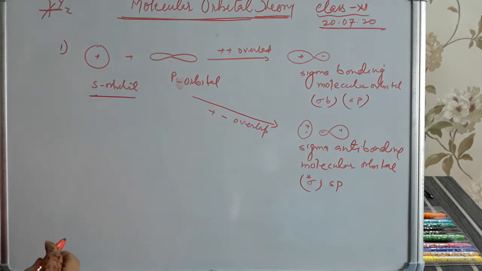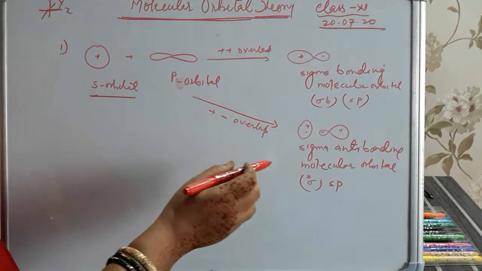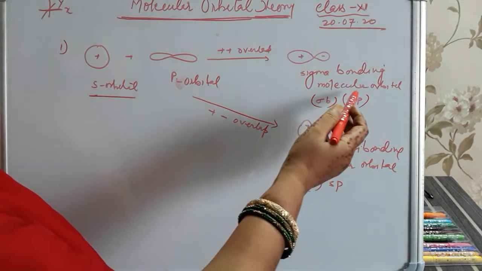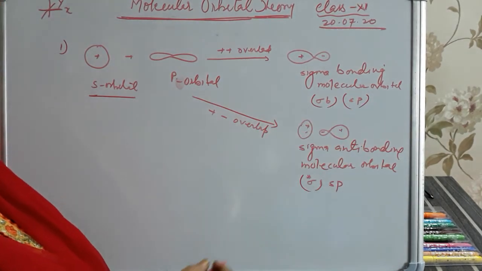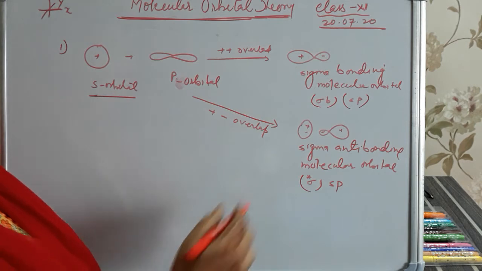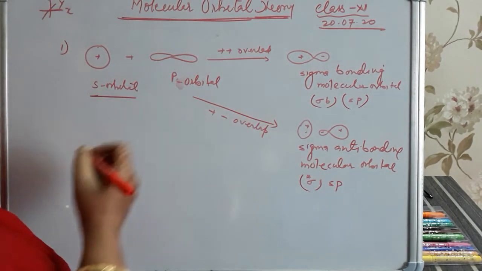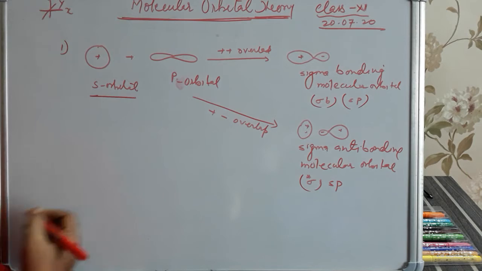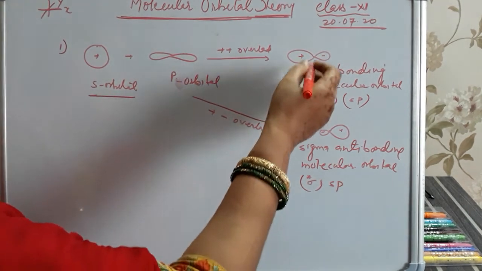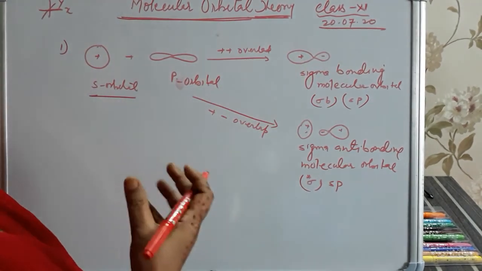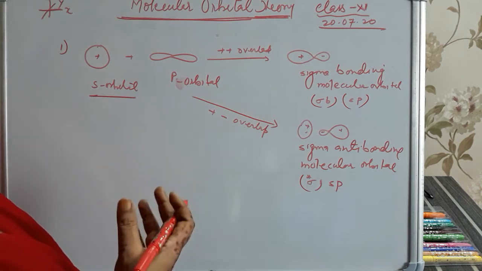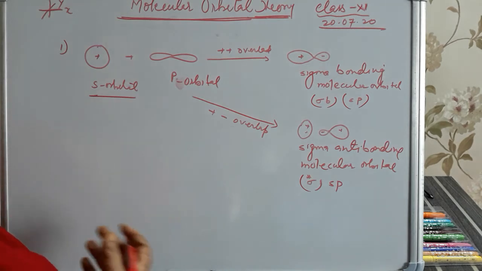In the previous video we already discussed the energy related to bonding and anti-bonding. As we discussed earlier, the bonding molecular orbital has less energy than the anti-bonding molecular orbital, because whenever the bonding molecular orbital forms, less repulsion takes place, so its stability becomes more.